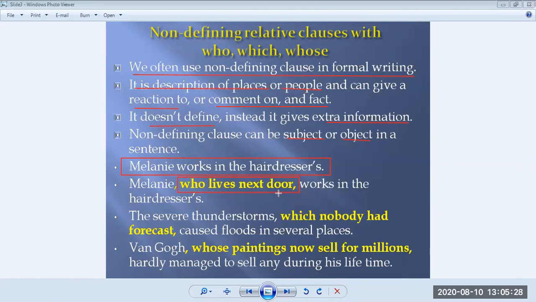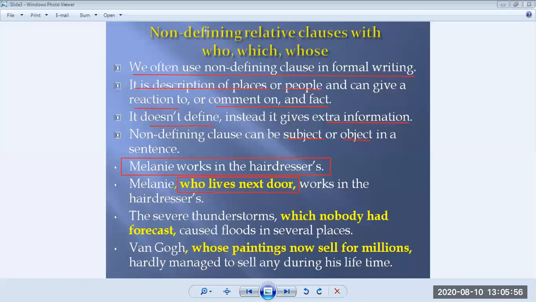What makes it a non-defining sentence? We often use non-defining clauses for description of place or people. It can give a reaction, comment or fact. Also, it doesn't define. For example, who is not defining Melanie, it gives extra information.